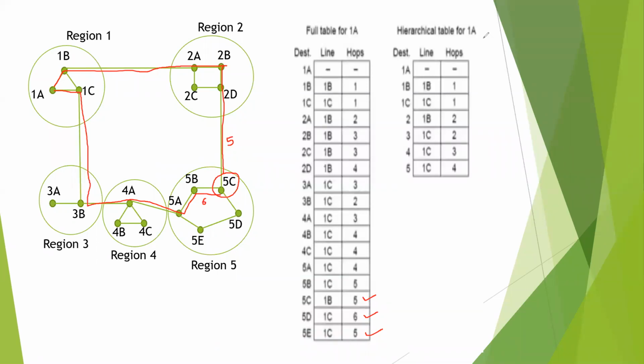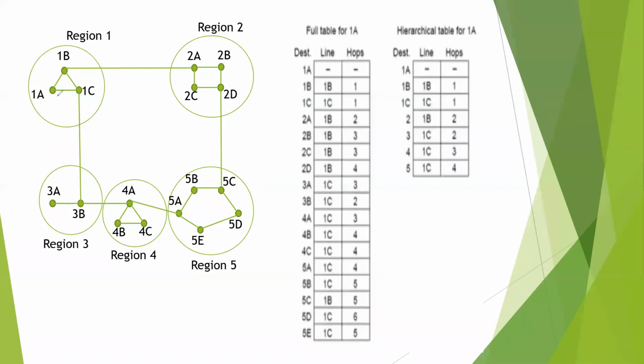In the hierarchical table, we will just compare. This is the earlier routing, which you can consider as link state routing. In earlier routing, this was the table which 1A contains. Now when we use a hierarchical table, as we already told, each router will only contain the information regarding the neighboring routers.